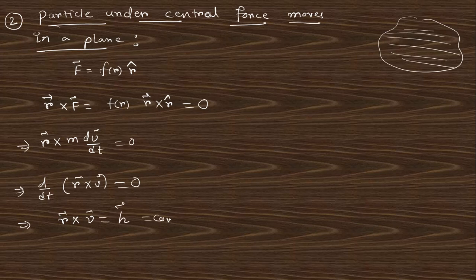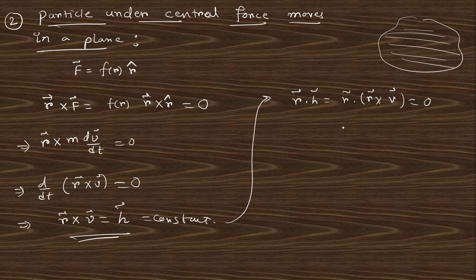So r cross v will be constant. h is a constant vector. Now if we find r dot h, that is r dot (r cross v), this must equal 0. Here r is the position vector, and the position vector of the particle everywhere is perpendicular to h. h is a constant vector, and the particle is always perpendicular to this vector.